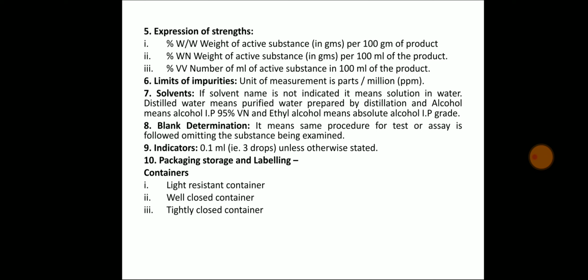Expression of strength. Percentage weight by weight. Weight of active substance in grams per 100 gram of product. Second one is percentage W/V, weight of active substance in grams per 100 ml of the product.